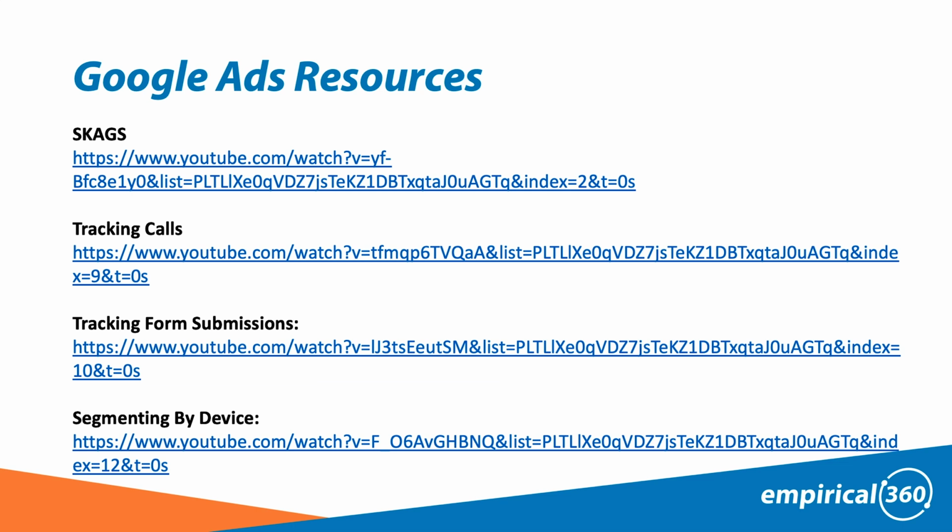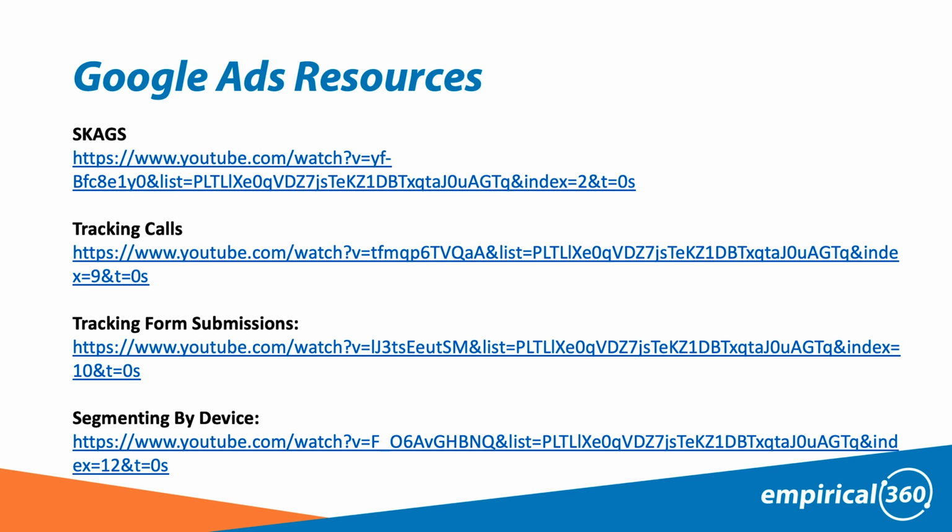And the next thing, and this is just a little bit of a bonus, a little bit more advanced, segmenting by device. So this can be really important in a campaign, especially if you have a limited budget, because we tend to see devices perform differently. So if you have a desktop device and a mobile device, we tend to see a lot of traffic coming from mobile, but that's not to say mobile will always perform the best for you, especially if your website is not mobile optimized.